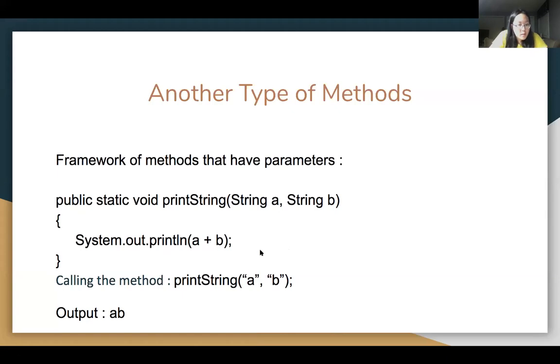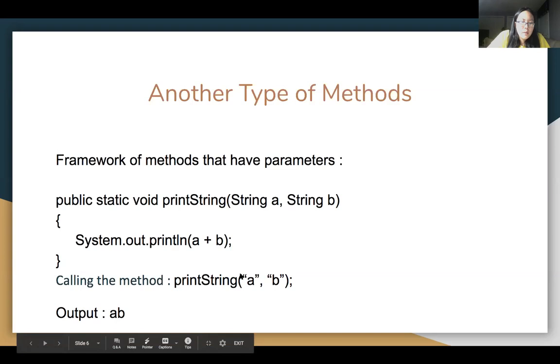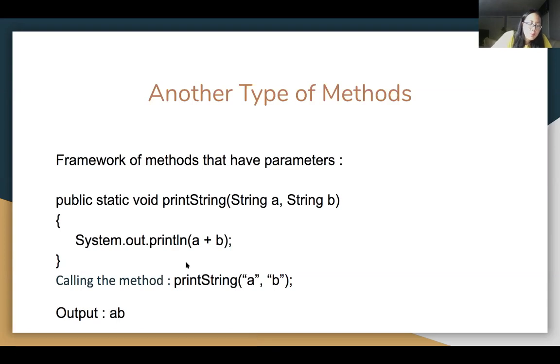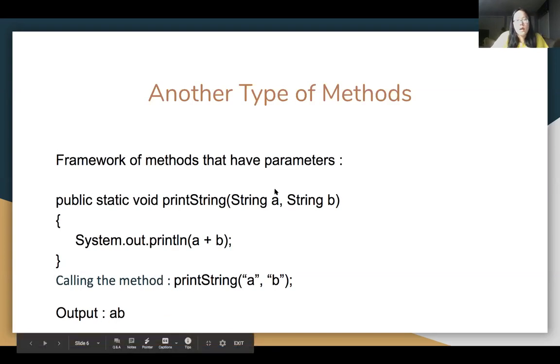If you have the wrong data type, then it's going to give you an error. So if this B was actually a 5, it asks for a string, and you can't just put an integer there, and that would also give you an error. But in this case, the output would be AB, since it adds this A and this B together.